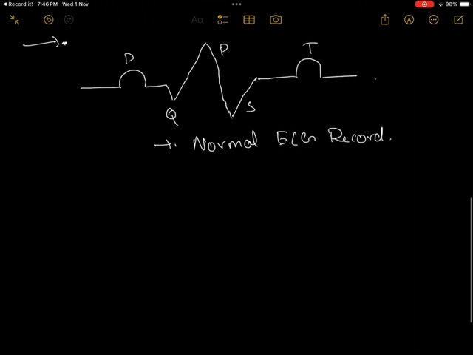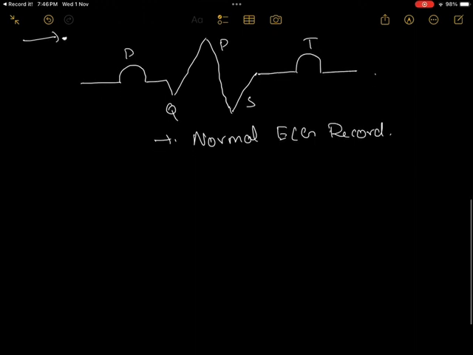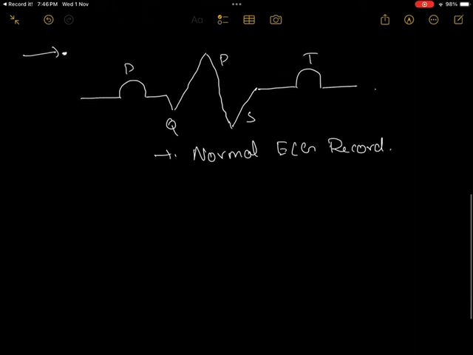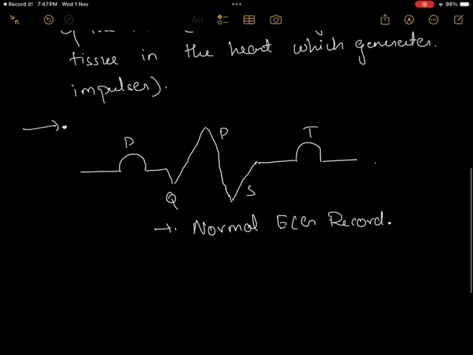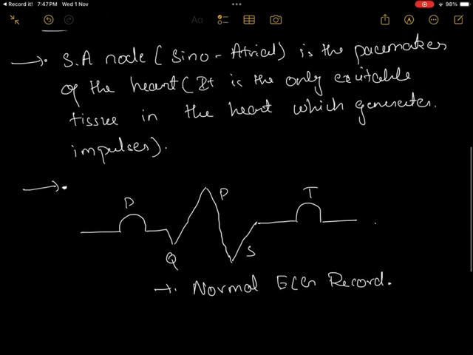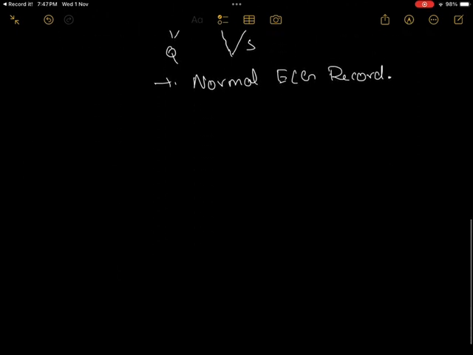I'll be discussing ECG thoroughly in the next class. In this class I'll be discussing only blockages and how we see them in the ECG record. So if you take sinoatrial blockage, usually there will be sudden cessation of P waves with a resultant standstill of atria.